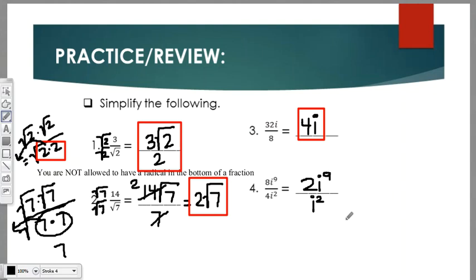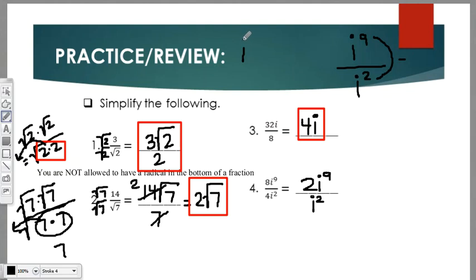Well, if you remember, when dividing variables with powers, if I have I raised to the 9th divided by I raised to the 2nd, because these both have the same base, we can subtract their exponents.